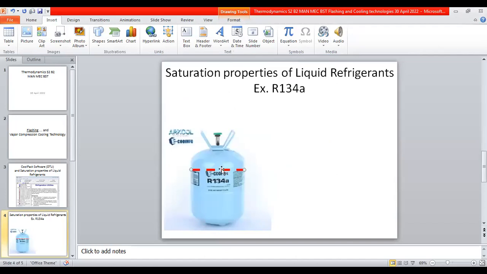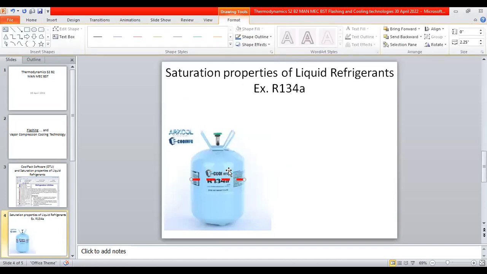I just put here, below this may be liquid refrigerant.